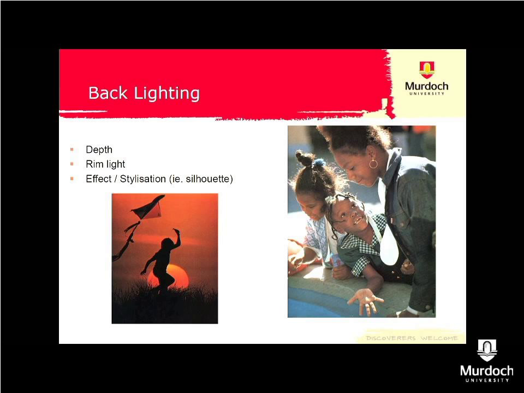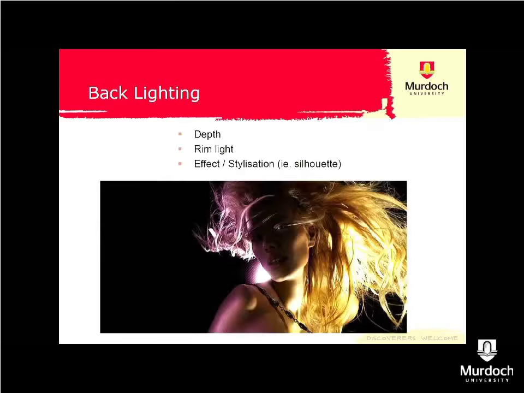This one's the rim light, and backlighting will help you achieve this. Again, something to help you develop backlighting in concert with frontal lighting, helps you develop form and shape. And you can also use it to create these kind of glamorous stylizations as well, as an effect.